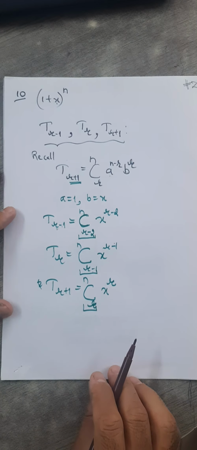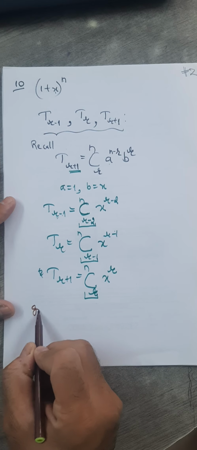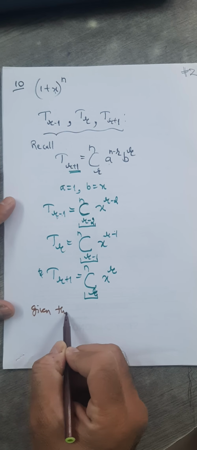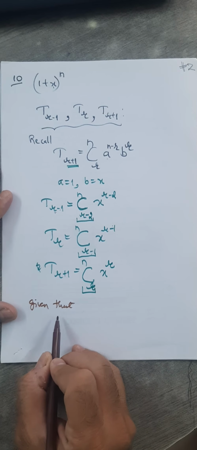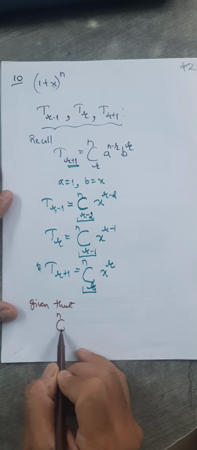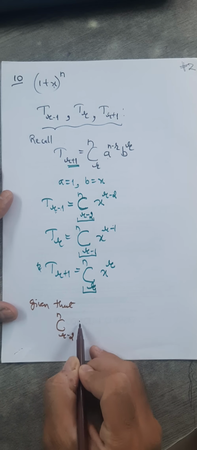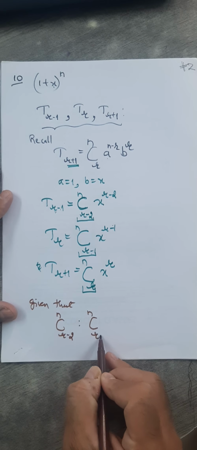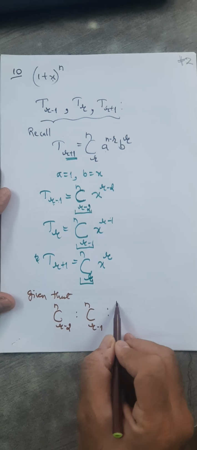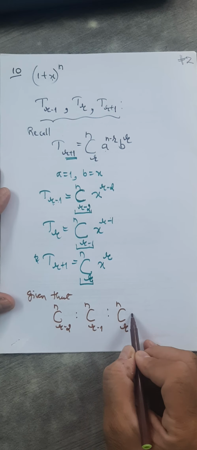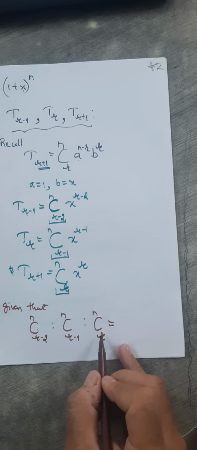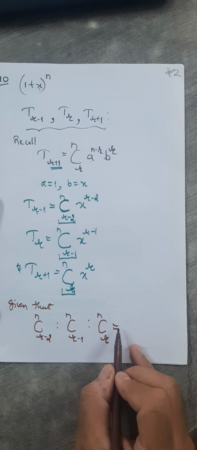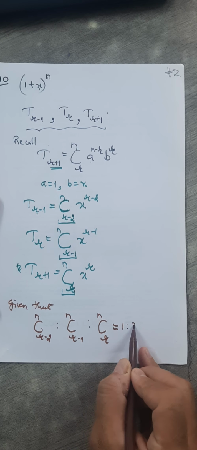Okay. Now what's given to us? We are given that nC(r-2) is the first coefficient, nC(r-1) is the second, nCr equals, what's given to us? 1:3:5.